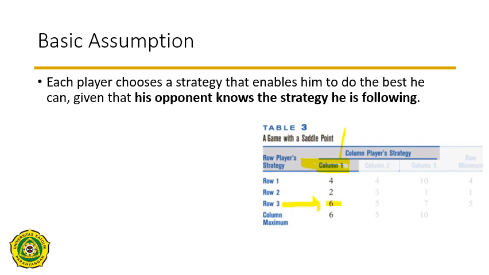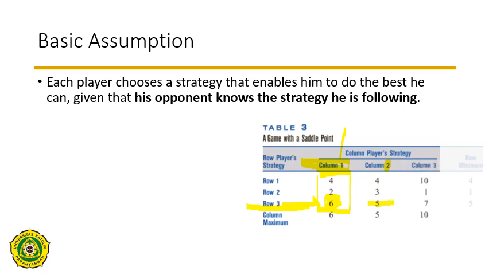So if the row player knows that the column player is going to play the first strategy, the row player will pick the third because it maximizes his or her reward. If the row player knows that the column player is going to play the second strategy, the row player again may pick the third strategy because it maximizes the reward for the row player.